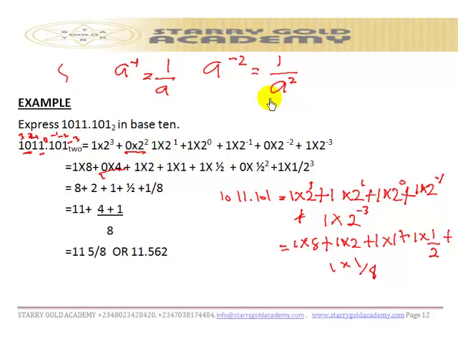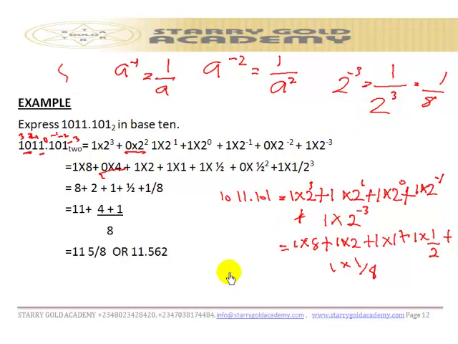So when you have a negative index, your answer will be 1 over the positive. In this case, I have 2 raised to power -3, so my answer will be 1 over 2 raised to power 3, and that's 1 over 8. I guess that's understood, how to deal with negative index in number base.